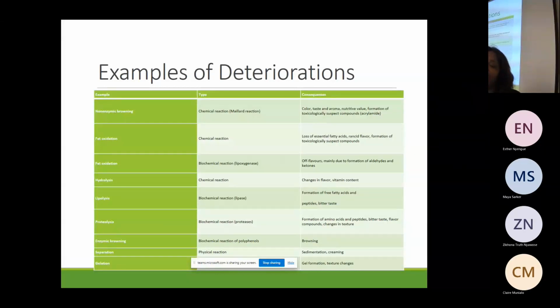So when we dig into this with specific examples, if you look at non-enzymatic browning, the Maillard reaction, which is usually caused by browning chemical reactions between amino acids, you tend to see that they affect color, taste, aroma, nutritive value, and the formation of toxicological compounds like acrylamide.